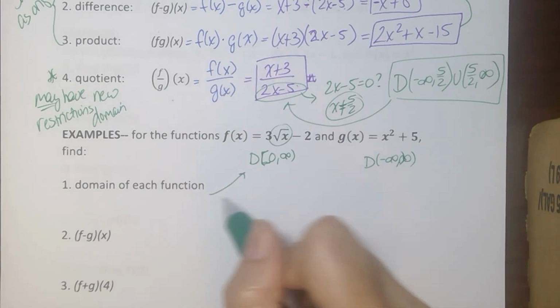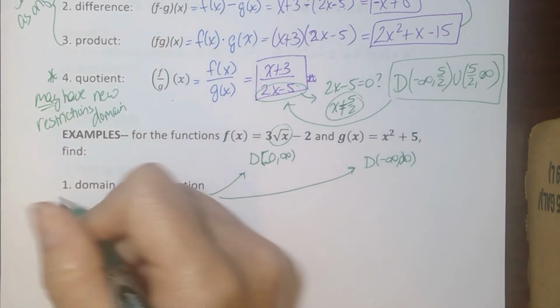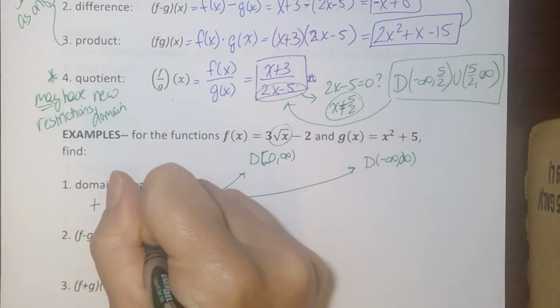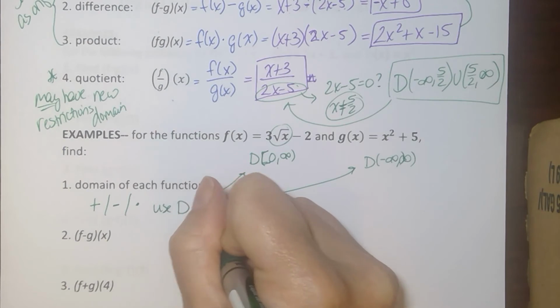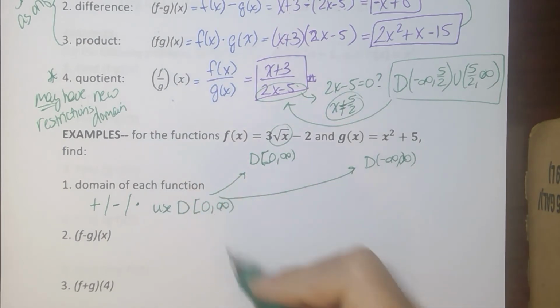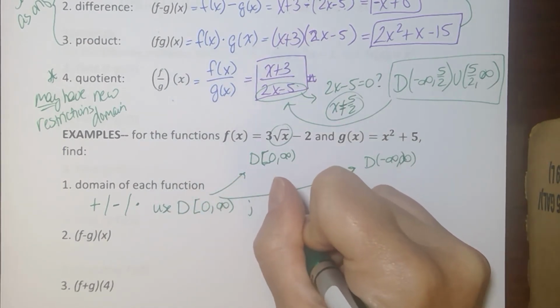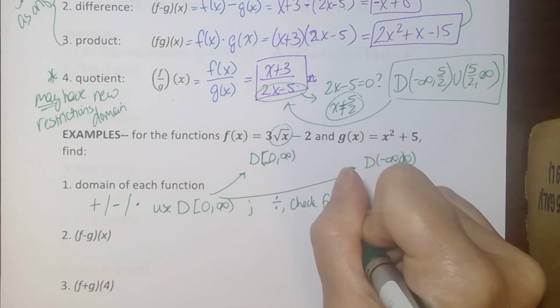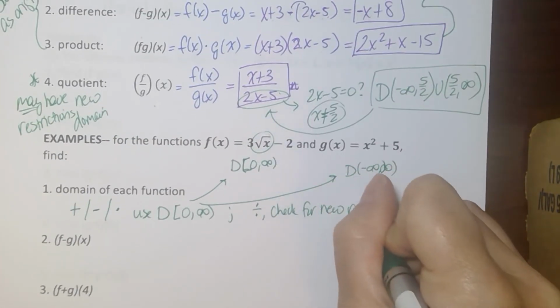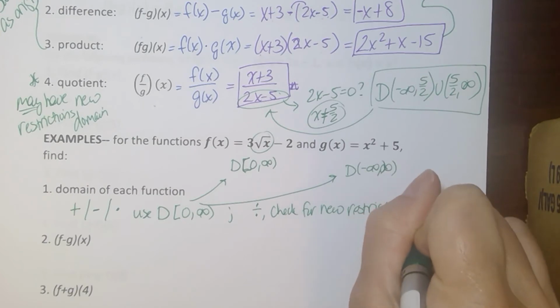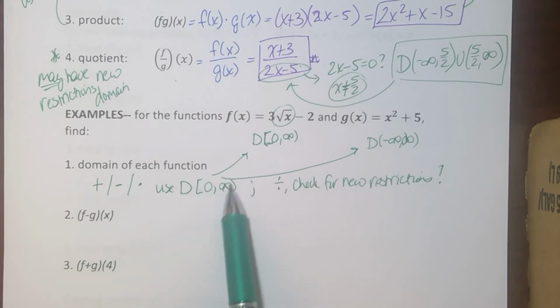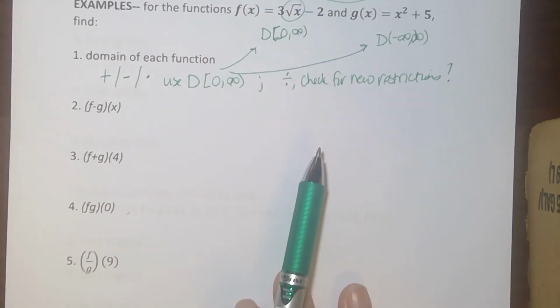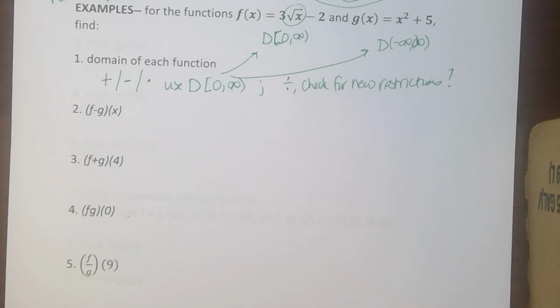That's what we did here, domain of f of x, domain of g of x. So if I'm going to add, subtract, or multiply, I'm going to use the domain as 0 to positive infinity. If I'm going to divide, I have to check for new restrictions. So you can see for numbers 2, 3, and 4, the domain for the combined function is going to be 0 inclusive to positive infinity. But on number 5, I'm going to have to be a little bit more careful.